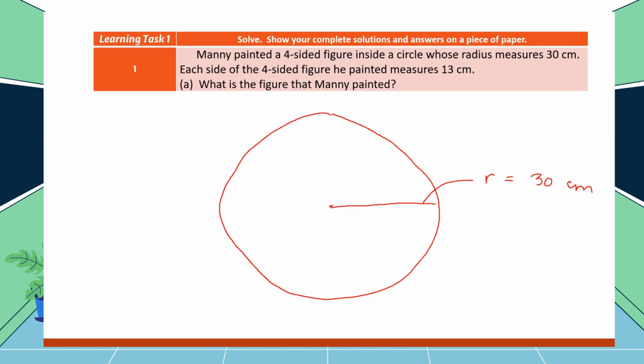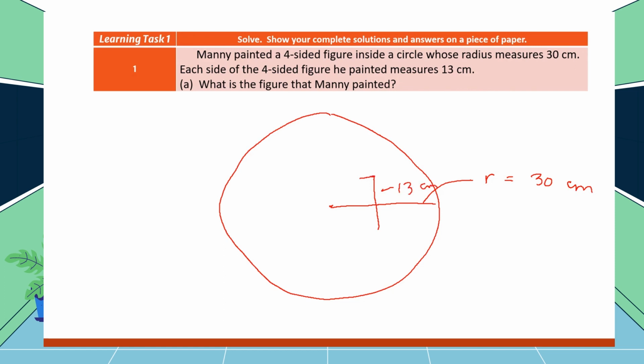Okay. Inside this circle, merong four-sided figure na kung saan each side measures 13 centimeters. So kung hahatiin natin itong radius na 30 centimeters, yun yung 15. So, ito, kunwari, ito yung ating figure na kung saan ang kanyang sukat ay 13 centimeters. Okay? So, ang measurement nito ay 13 centimeters.